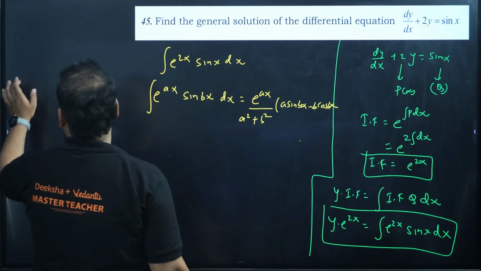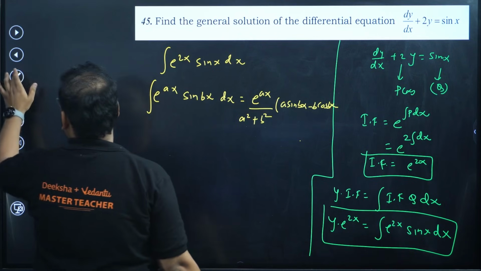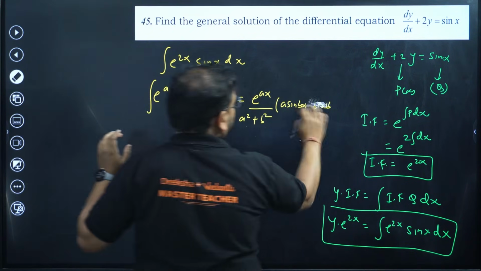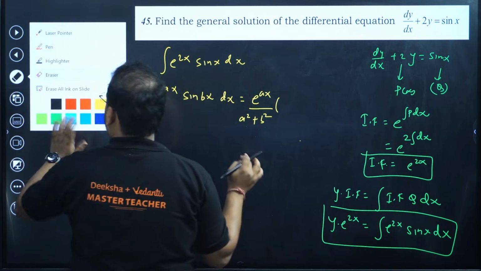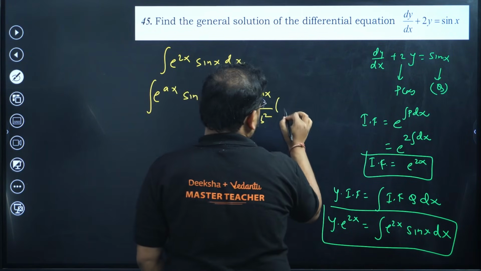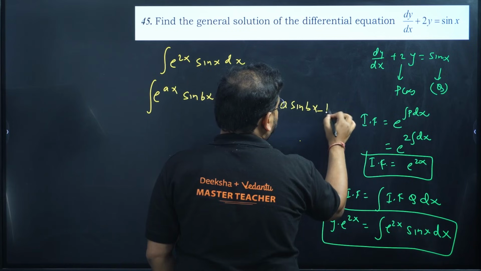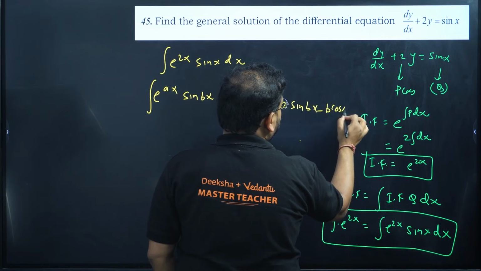One second. Here it looks confusing. I'll write this again. Yeah, it'll become a sin bx minus b cos bx.